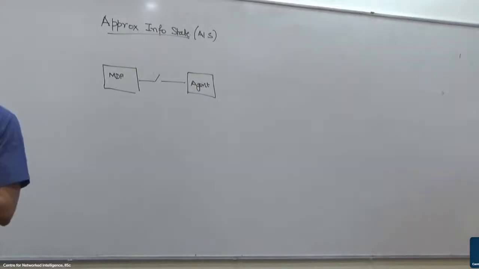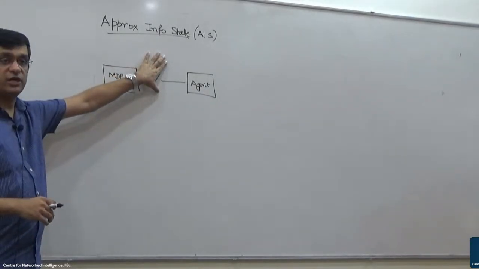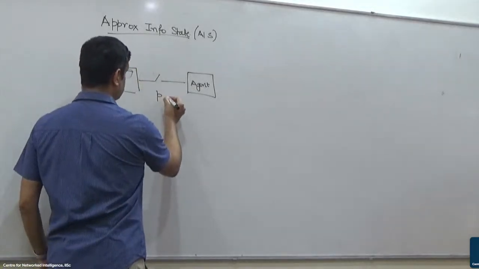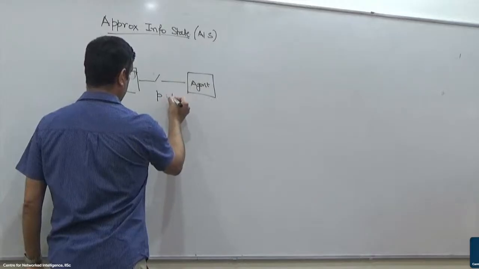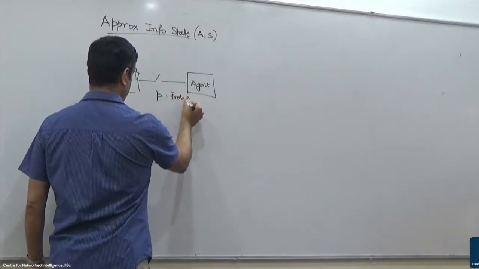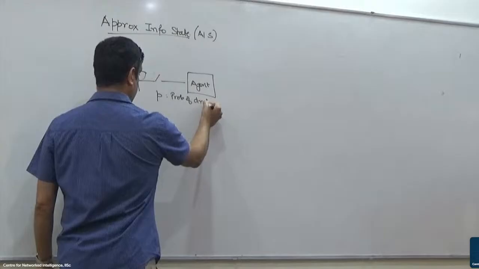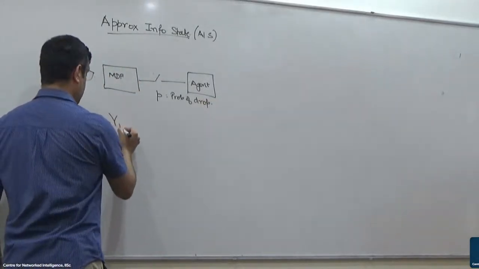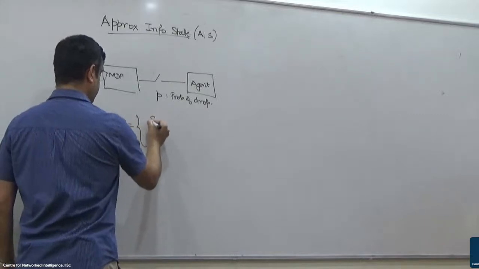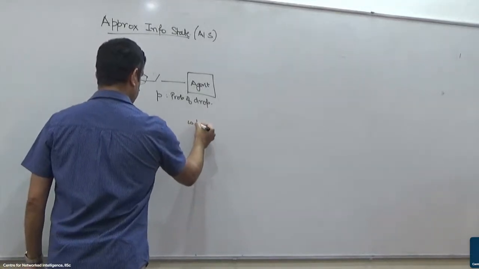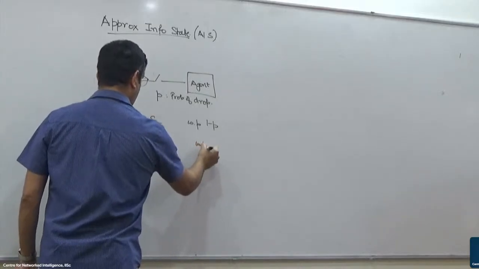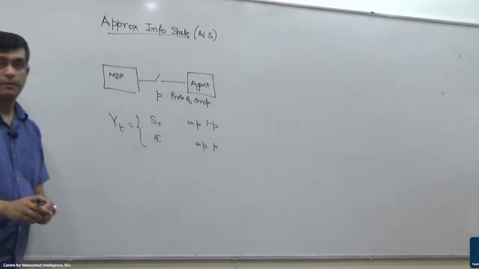I did a very good job designing a good communication channel, but there's some small probability P that my observation is going to be dropped. Most of the time, my observation is Ft with probability 1 minus P. Occasionally, I don't get anything.